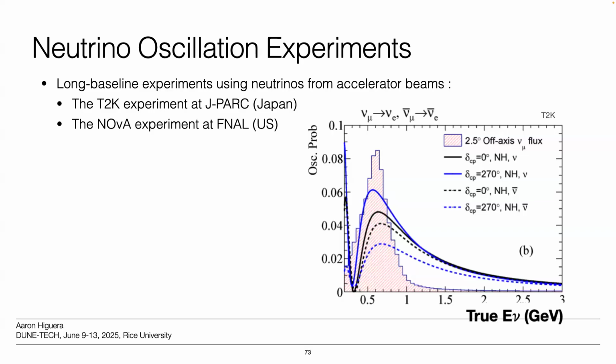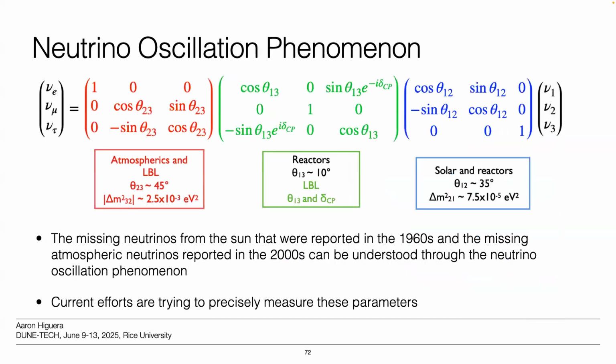And as the energy increases, this will decrease. But if delta CP is maximal, you will see a bigger enhancement of electron neutrinos compared to if there is nothing, right? So now we can do that measurement and see what the data fits, right? Does it fit this value or this value, and then we can start putting the numbers in these matrices.